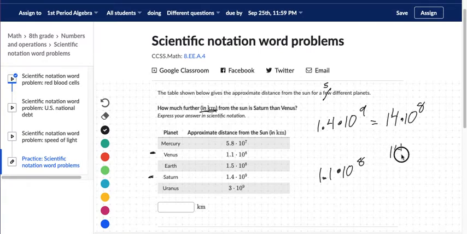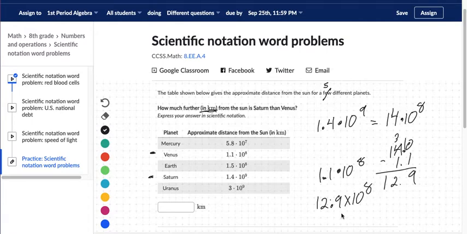Now we can just do 14 minus 1.1. And maybe add a 0 there, and we'll just do our subtraction. 10 minus 1 is 9, 3 minus 1 is 2, and 1 minus 0 is 1. So we have 12.9 times 10 to the 8th kilometers.